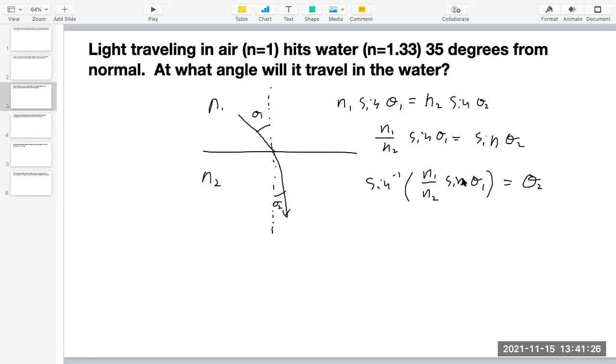So we've got the sine of 35 degrees divided by 1.33 is going to be the sine of our angle. So we just need to take the arc sine of that. And it works out to be about 25.55 degrees.